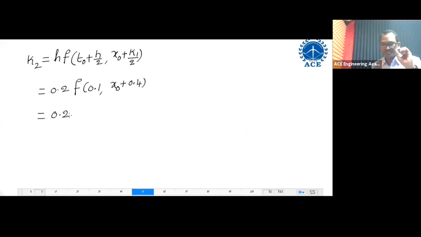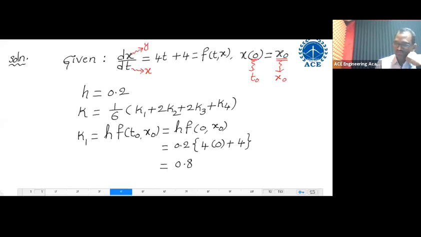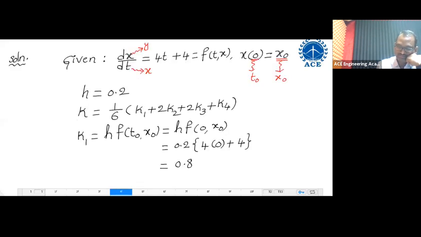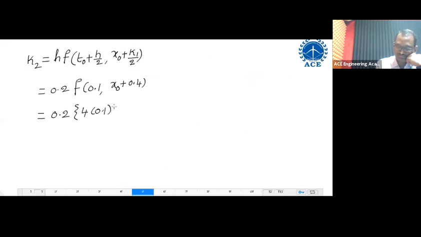So f of 0.1 comma x naught plus 0.4. In place of t, it is 0.1, so 4 into 0.1 plus 4.